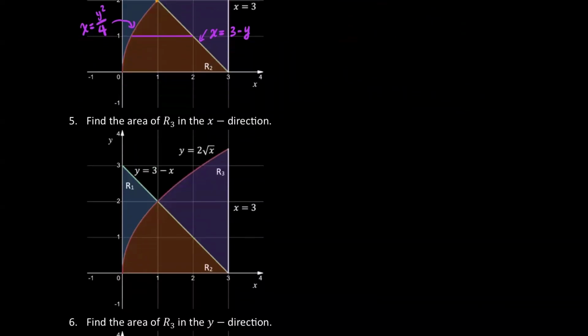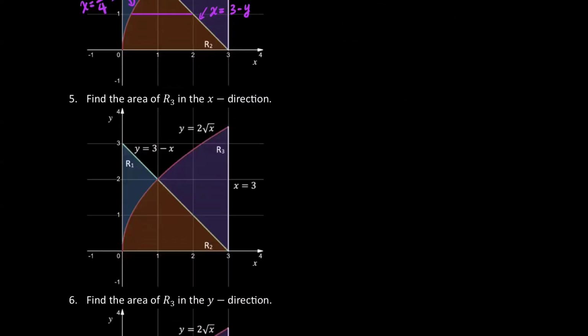Okay, number 5, the focus is on region number 3. We need to find the area of region number 3, and this time we're going to do it with respect to x. So the setup for the rectangle is vertical kind. We need to find the height.